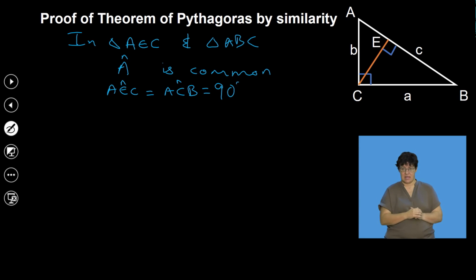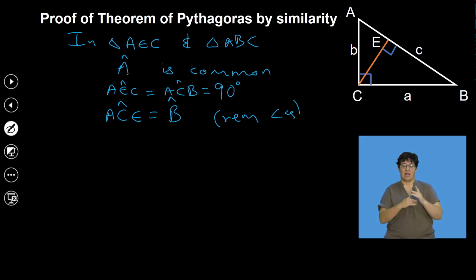Remember, that was the condition of you constructing the line. Automatically, because the two angles are equal, it makes the third angle to be equal because of the sum of angles of a triangle. So that makes the angle ACE to be equal to the angle B, right? I will just say it's angle B. And my reason for this will just be remaining angles of a triangle.